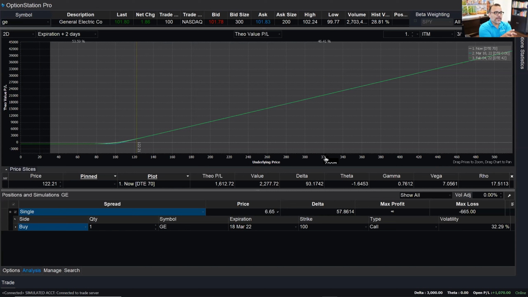Something's going on here that I'm not able to understand because of the shade of gray here. Probability of movement for General Electric is based on historical volatility. Now, my historical volatility is 28%, but that does not translate into this huge shade of gray that I see here in the background.